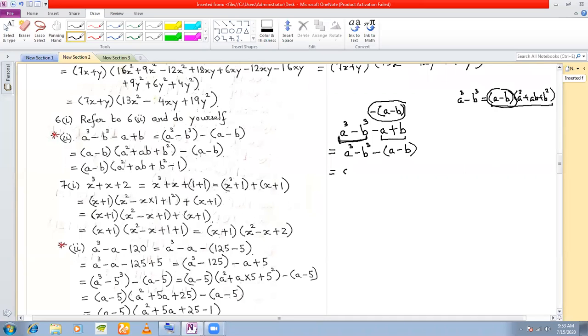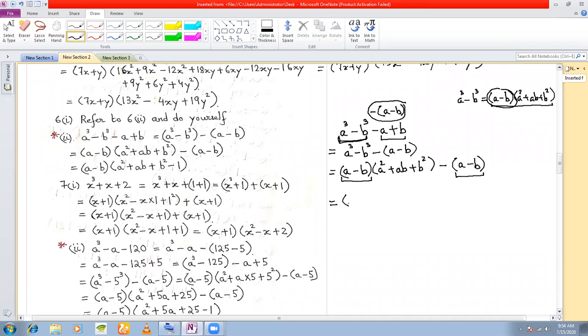Next, you split your a cube minus b cube as a minus b into a square plus ab plus b square, minus a minus b. Now see, I've got a minus b as my common factor.